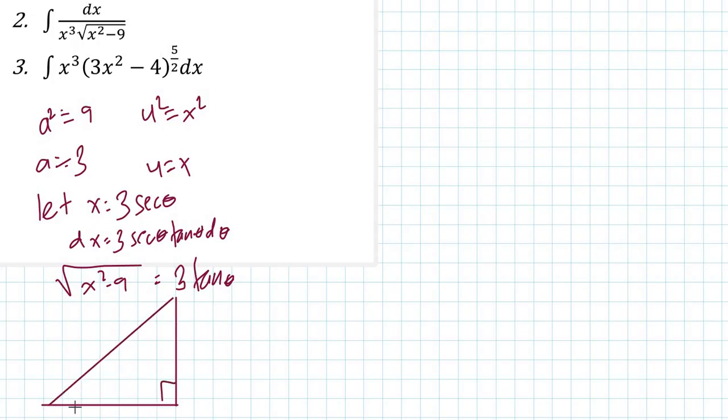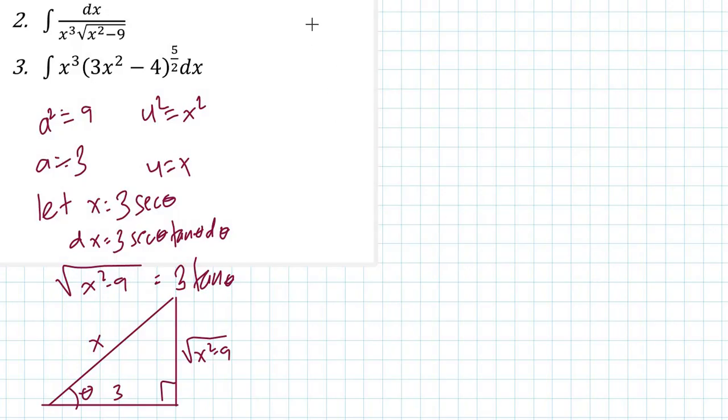So there you go. Based on this, since x is equal to 3 secant theta, this is x, this is 3, that's why this is the square root of x squared minus 9, which we can use later on.